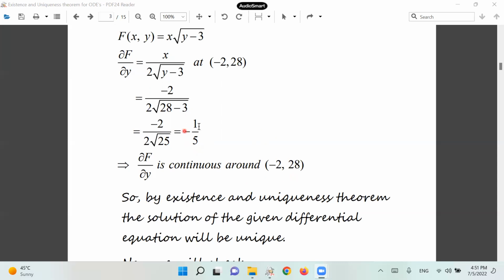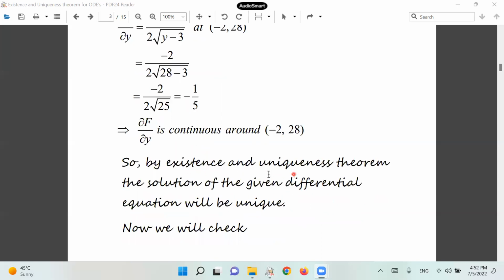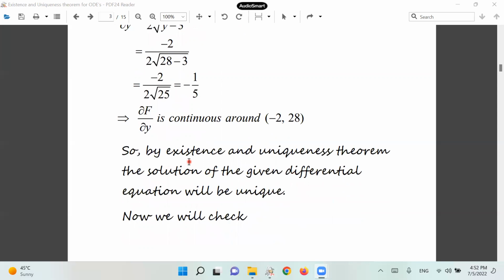But if this value were undefined or some complex number, then we would say that it is not continuous around the given interval. So since both the conditions are satisfied, by the existence and uniqueness theorem, the solution of the given differential equation will be unique. Unique means that there will be just one solution.